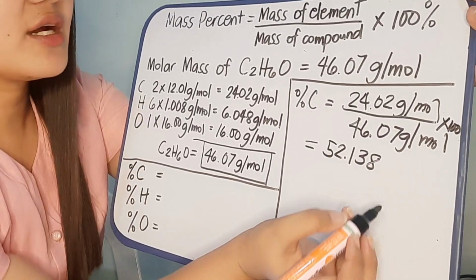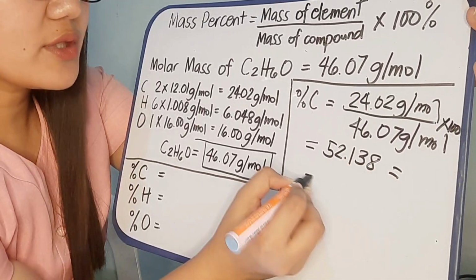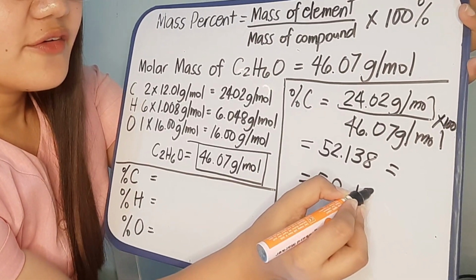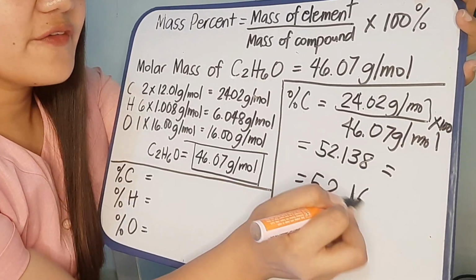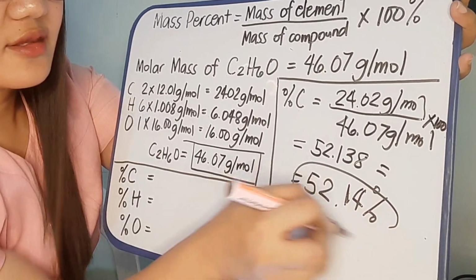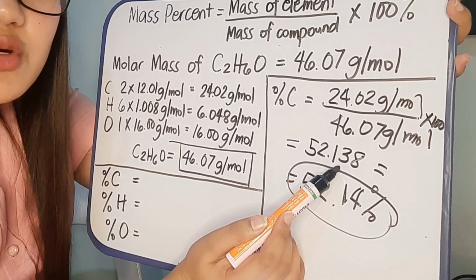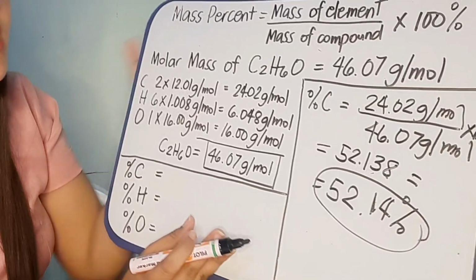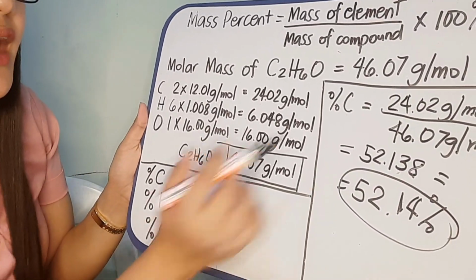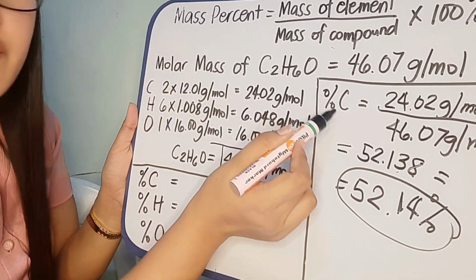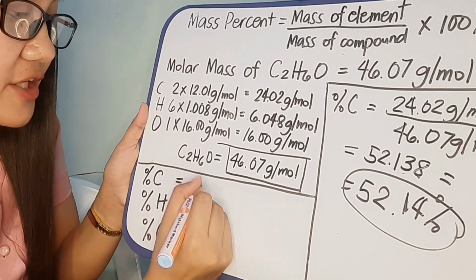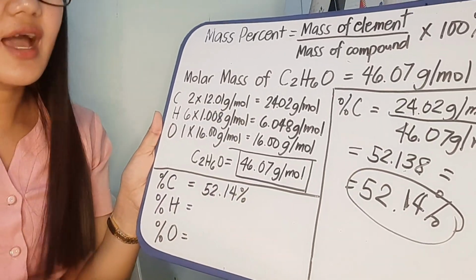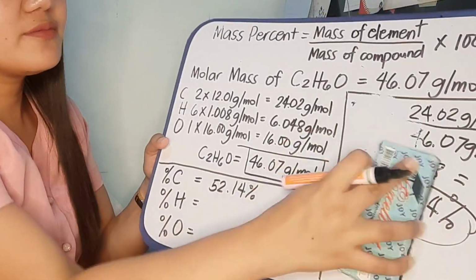Mahaba pa siya, so para putulin na natin siya, gawin na natin siyang 52.14%. Since ira-round off na natin itong 3, kasi ang katabi niya ay 8, magiging 4 na siya. So, ibig sabihin, ang ating mass percent of carbon is 52.14%. Pwede na natin burahin itong part na to.